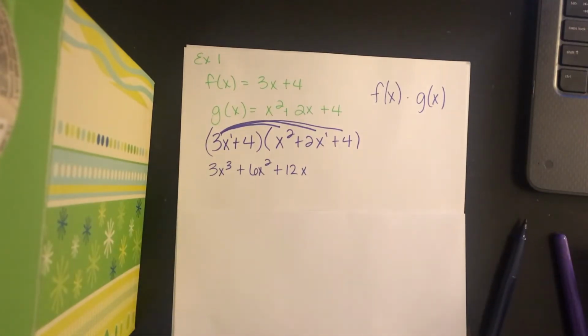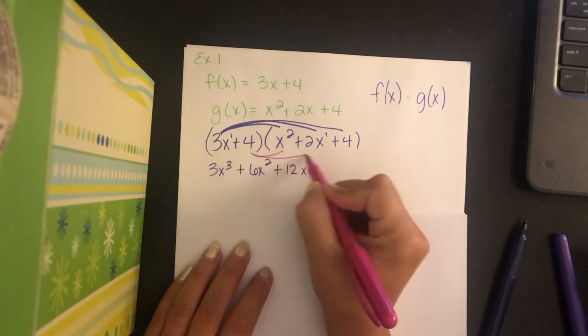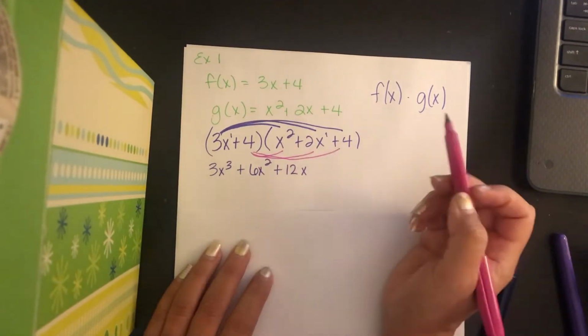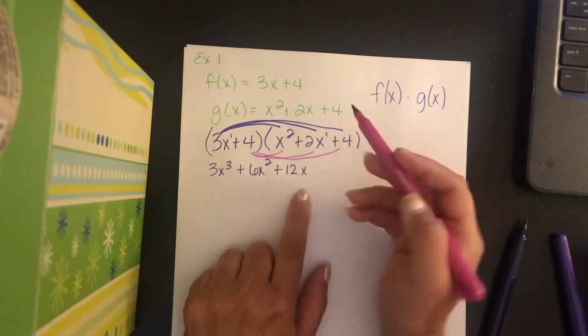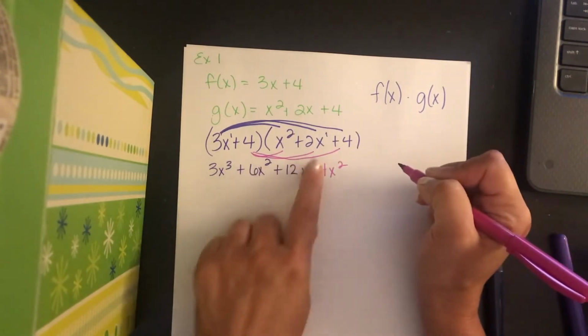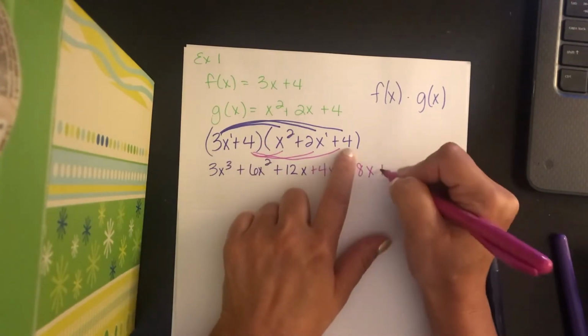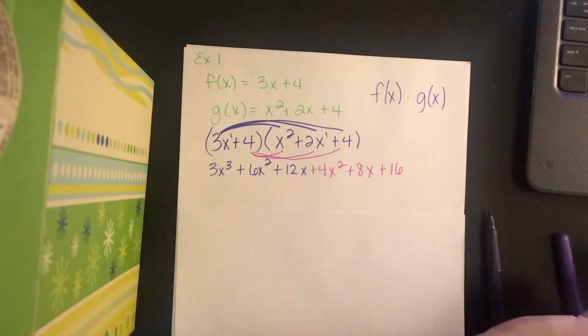Then we're going to take the 4, and we're going to multiply that to everything in the second set. So 4 times x squared is 4x squared. 4 times 2x is 8x. 4 times 4 is 16.